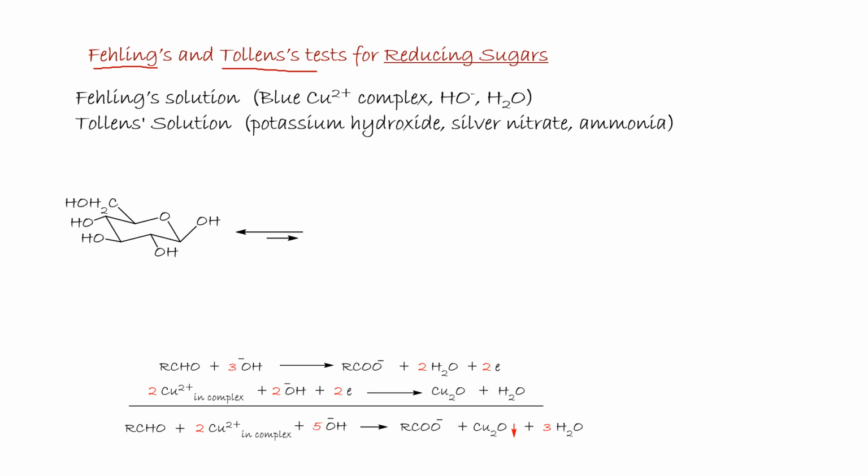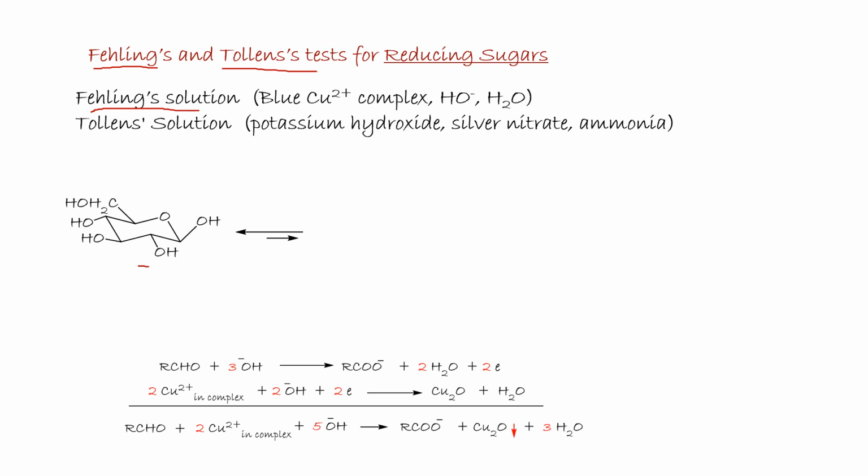What will happen for Fehling solution, which contains copper 2 ions complexed with tartrate ion in sodium hydroxide? Or with Benedict's, which is the same, but instead of using tartrate to complex with copper 2, we use citrate ions. In both cases, we will get a red precipitate of copper 1 oxide.